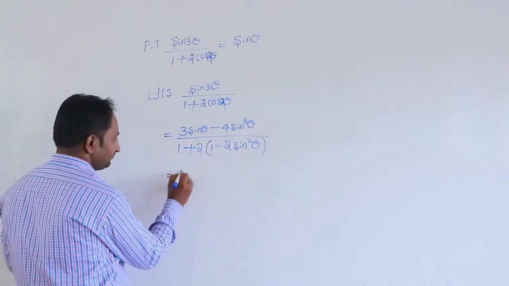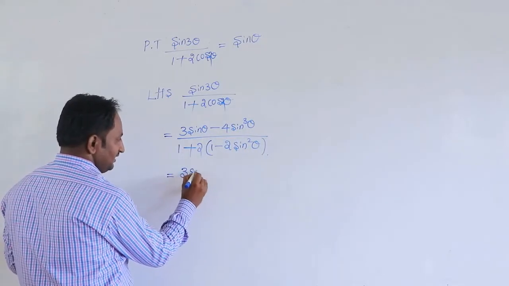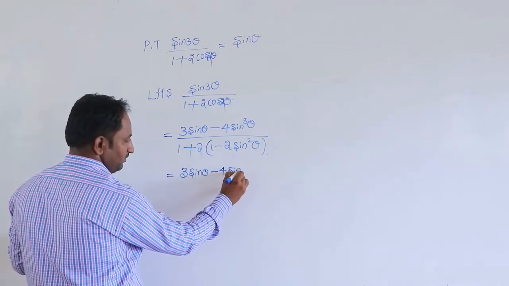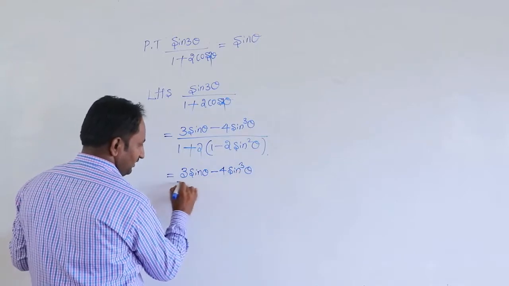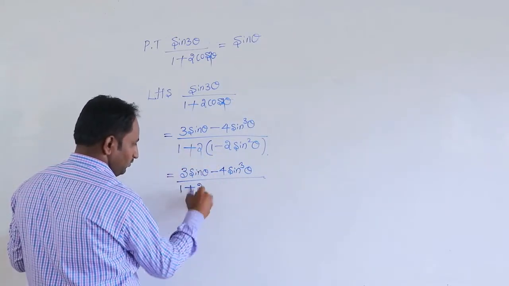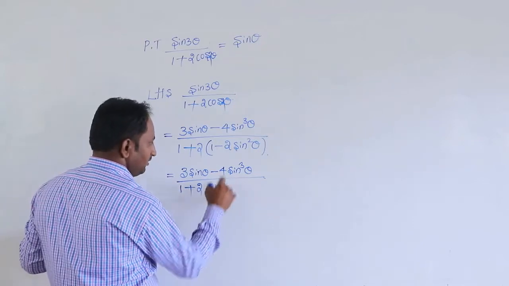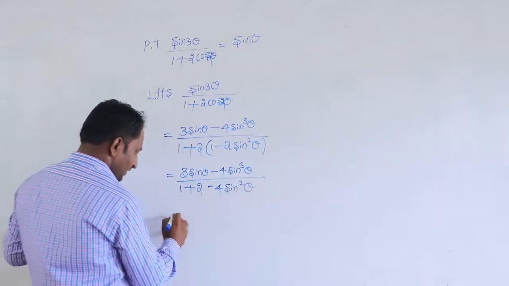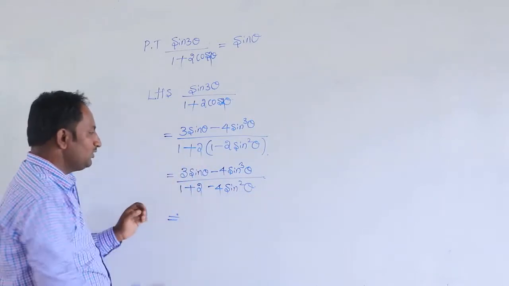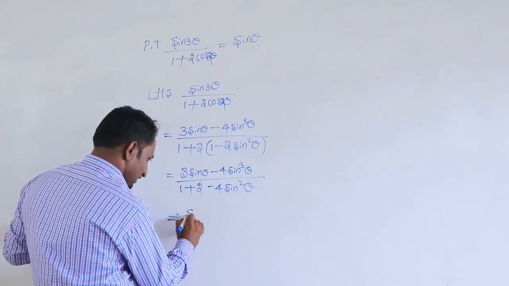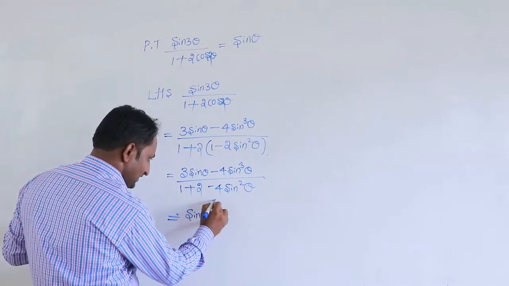That is 3 sin theta minus 4 sin cube theta divided by 1 plus multiplying 2 minus 4 sin square theta. Then in the numerator side take sin common. Here we can take sin theta as common.